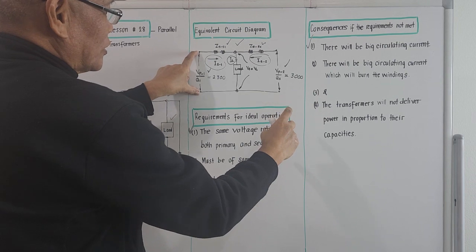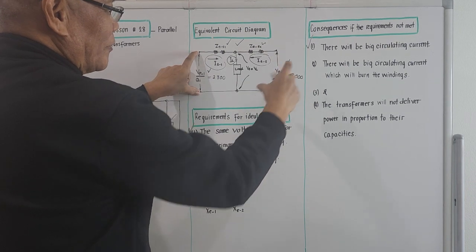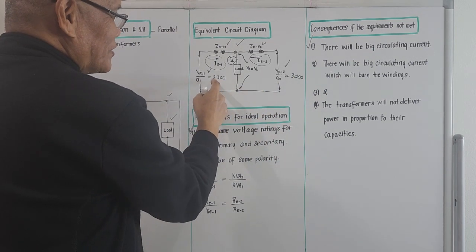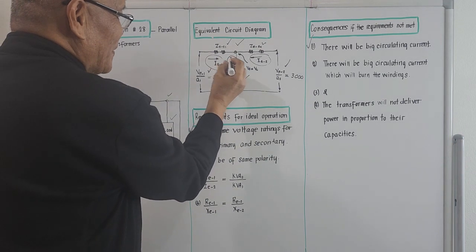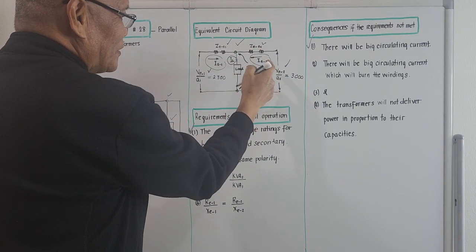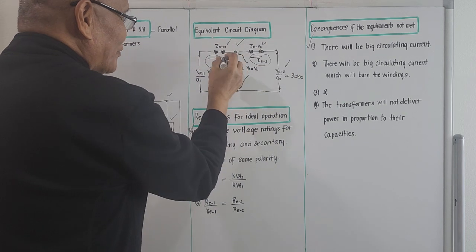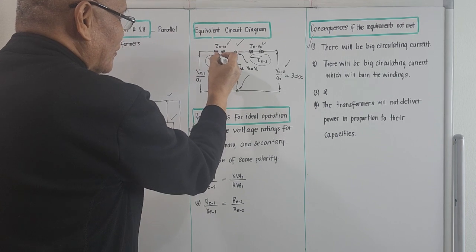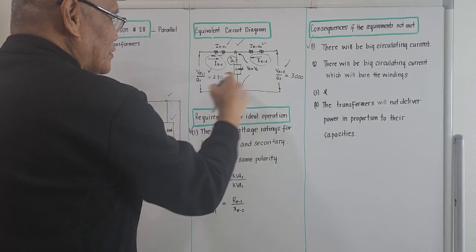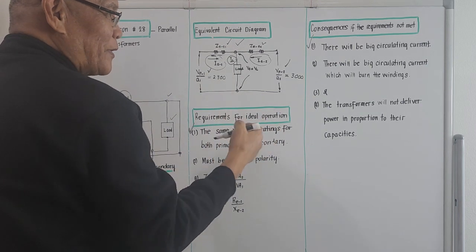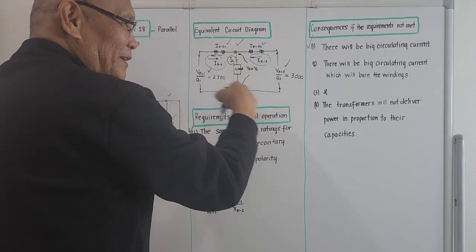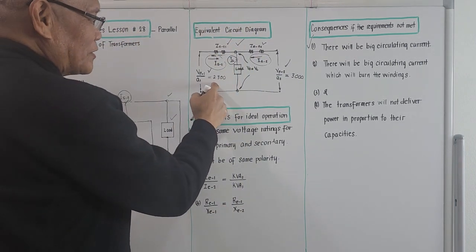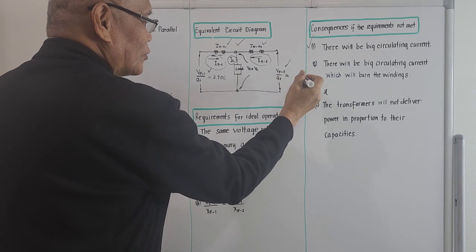So if this is 2300 and this is 3000, this 3000 is greater than this, right? So the current delivered by this terminal here will push this current here, because this is bigger than this one. So what will happen? There will be a circulating current. That's the meaning of that one. So it's a must that if this is 2300, the other one should also be 2300.